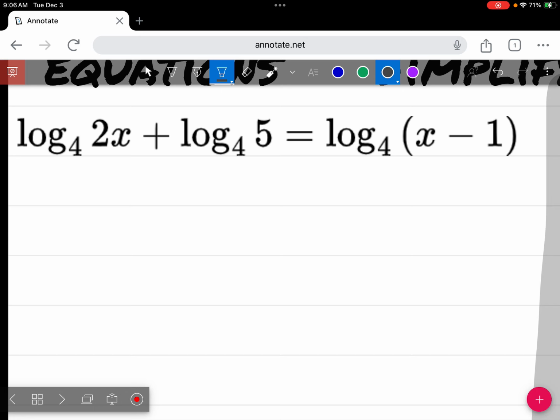So I see that all these logs on this first problem have the same base, which is great. We love that. So I'd really like it if I had the log of something equals log of something, because then we're just looking at our arguments. So is there a way that I could take this left-hand side and shrink it down to be a single logarithm?